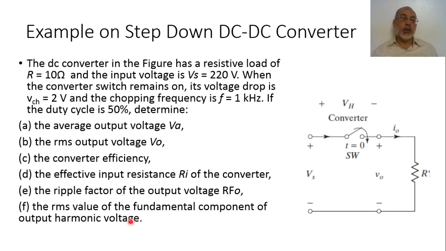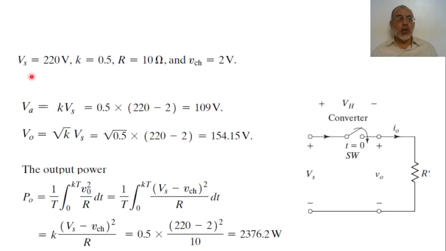Let us go step by step. The first one is the average output voltage. As we said before, the average output voltage is K multiplied by Vs. But now it is not completely Vs, it is Vs minus V chopper or V switch. So we have Vs equal 220 volts. The duty cycle is 50%, K equals 0.5. The load resistance is 10 ohms, and the voltage on the switch is 2 volts.